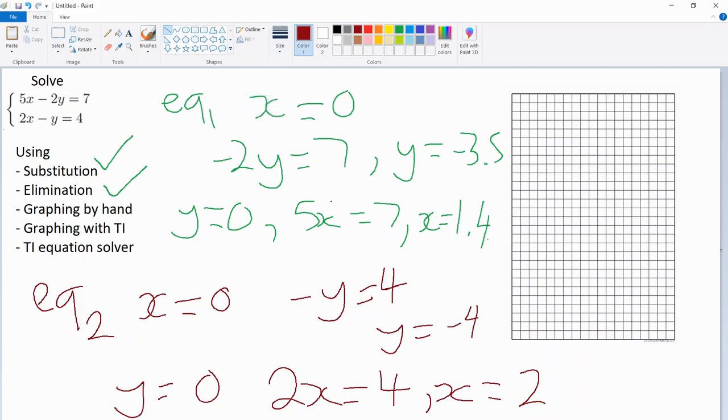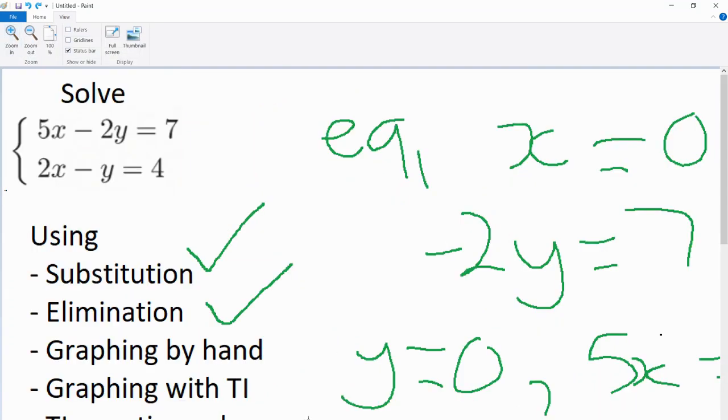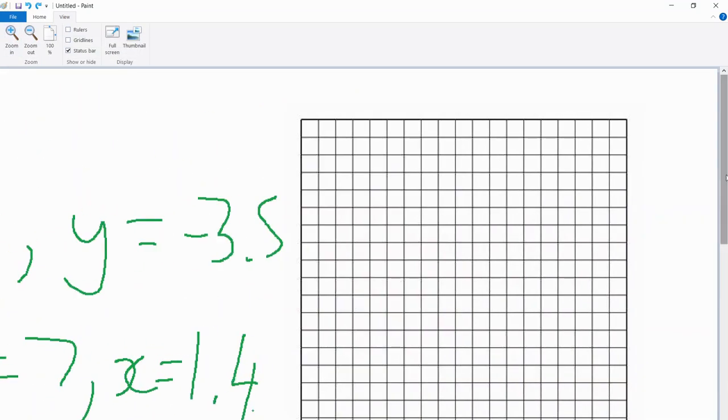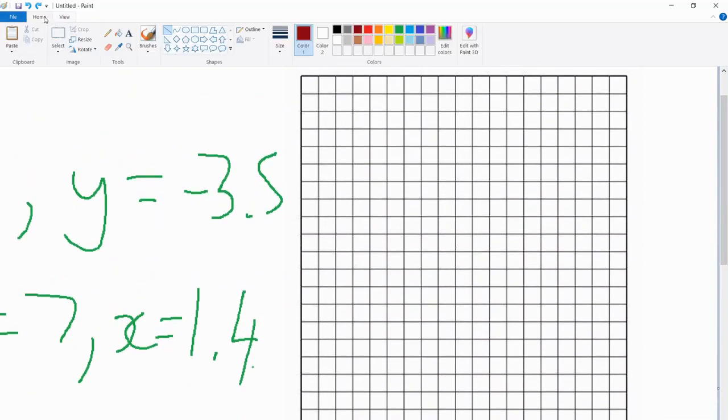So put an axis around here. That's not the best line I could do. I can use the zoom feature. So let's draw a line, using the line feature there. We don't need a lot of negative space, so let's put that there.